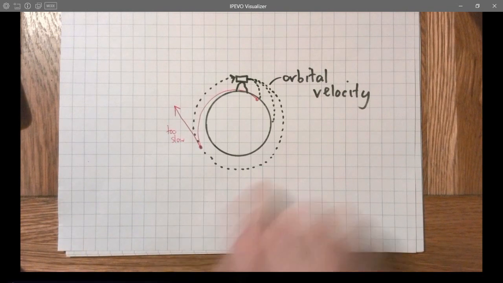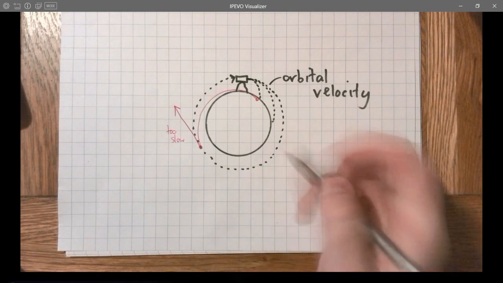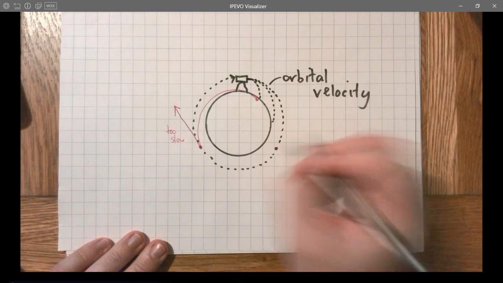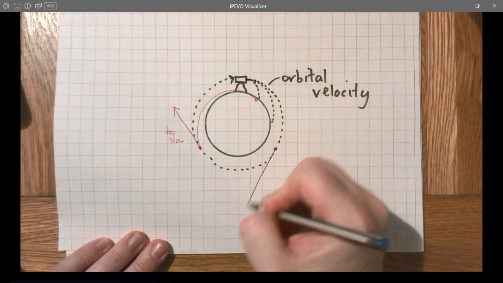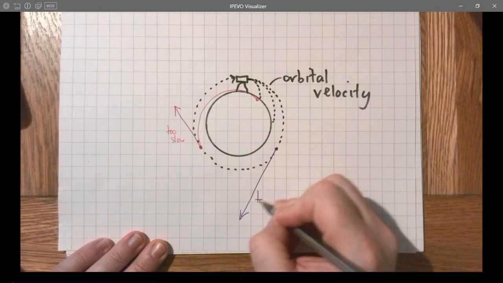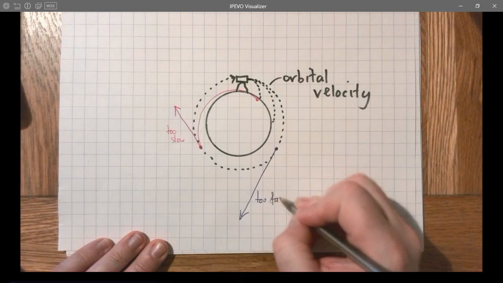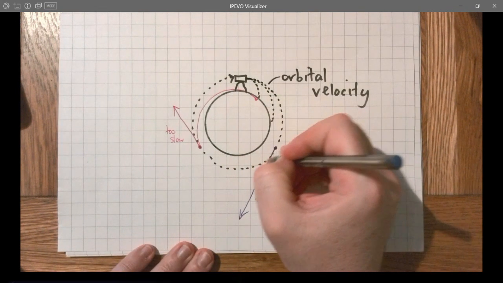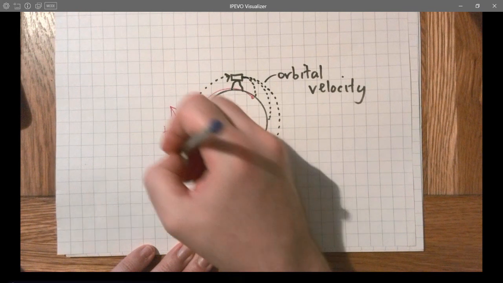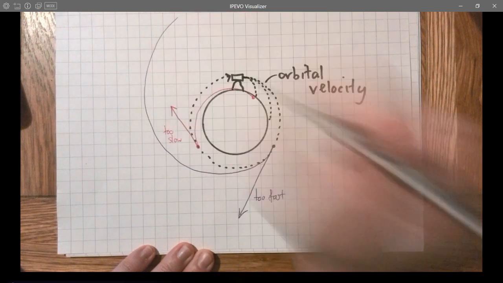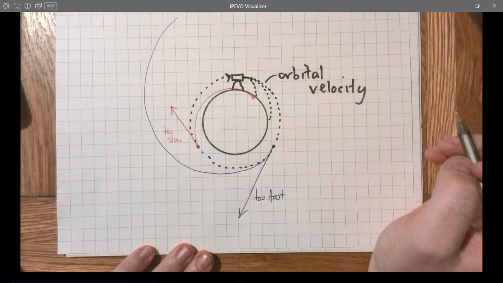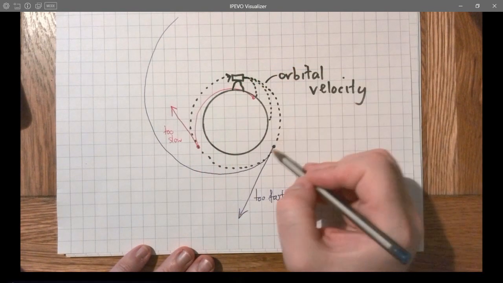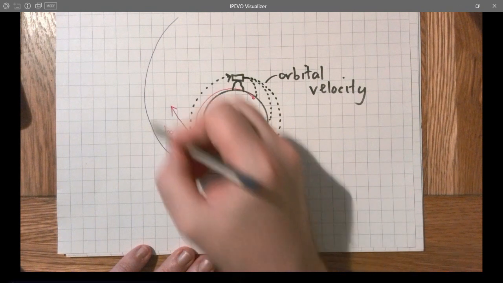Equally, if I'm down here and I give my rocket or my vehicle a bigger push so that my velocity was bigger than I needed to stay in orbit, then I would still curve, but I would curve like this. Okay, so if it's too slow, it would begin to decay and go towards the surface. Too fast, it would speed out away.